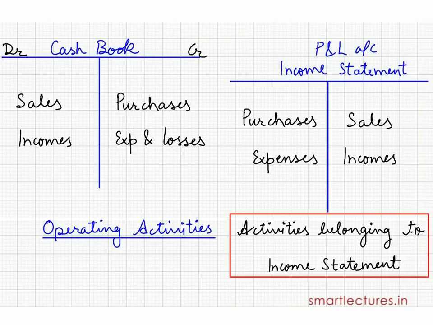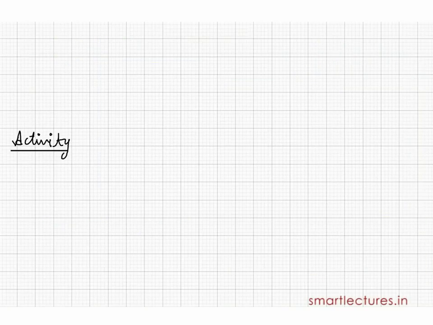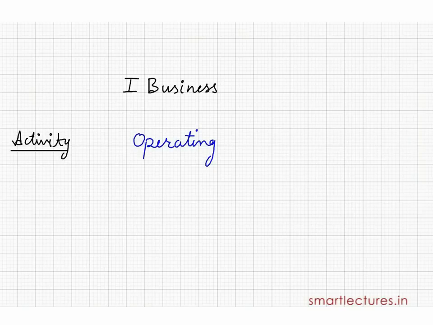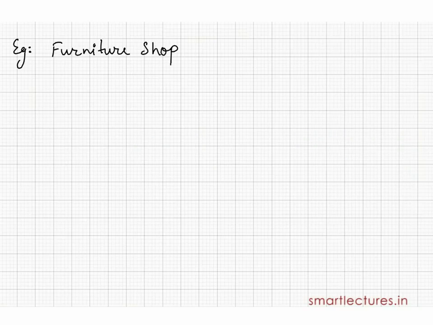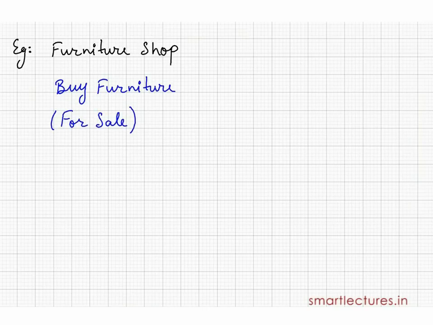One thing more, I would like to make it clear to you. Sometimes some activities for some business are operating activities, but for another business, they are not operating activities. For example, you are running a furniture shop. When you buy the furniture, you buy it for the purpose of sale at profit. So that is purchases for you.